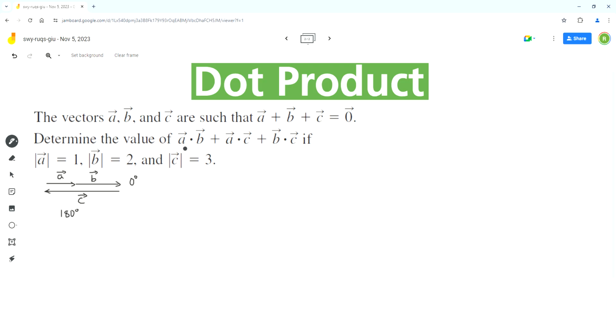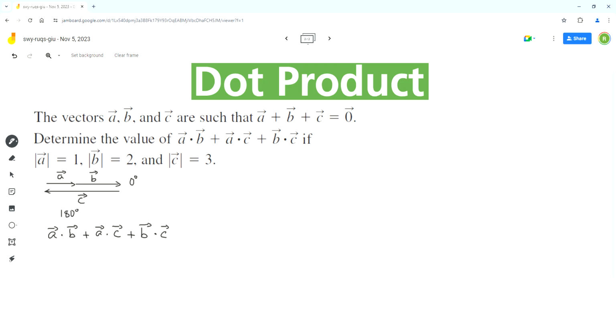Now we have to find the value of A dot B plus A dot C plus B dot C. So let's analyze this expression. Now we should use the dot product equation for these three terms.